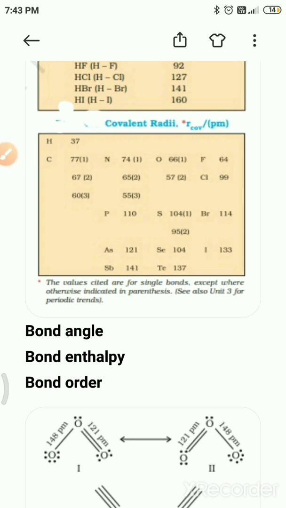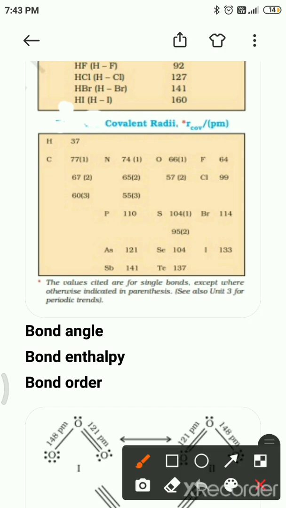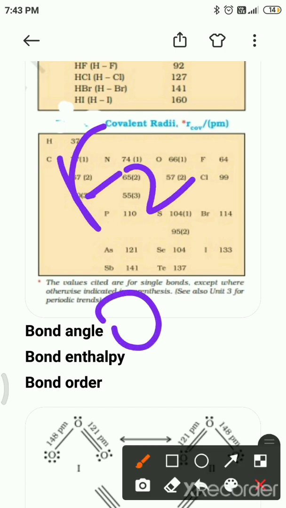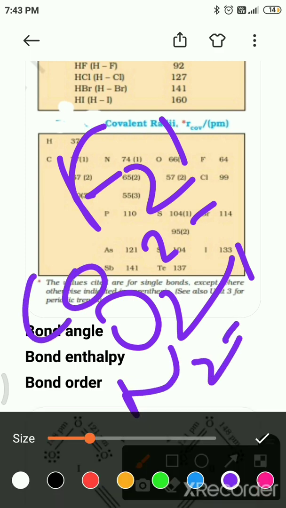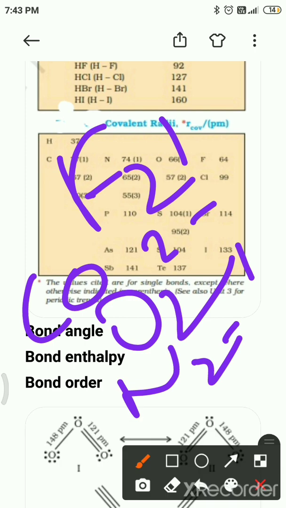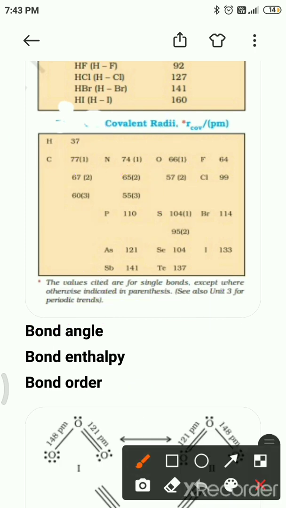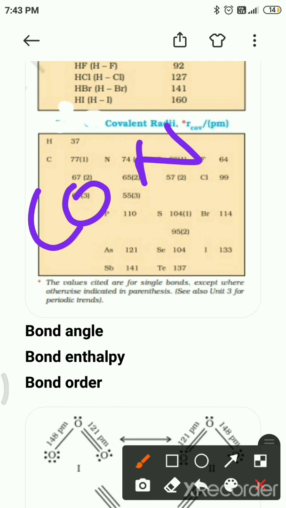For example, F2 and O2 2 minus have bond order 1, and N2, CO and NO plus have bond order 3.